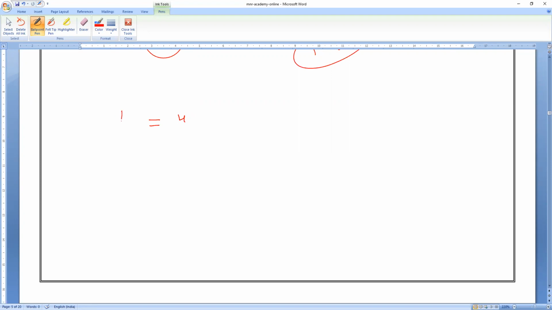I will write it. dx by dt, which is equal to v, is equal to d by dt of 4t, next minus d of 8 divided by dt, next plus, now you tell me.